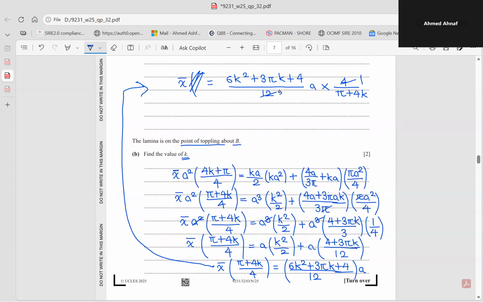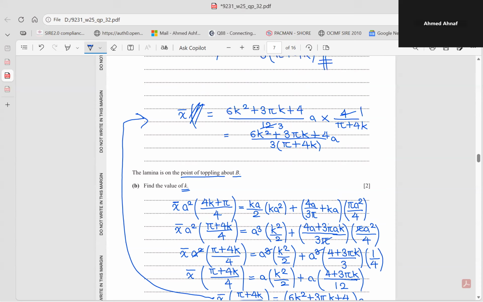So this is 1, this is 3. So this gives us 6k squared plus 3 pi k plus 4 over 3 times pi plus 4k a. So this is x bar.